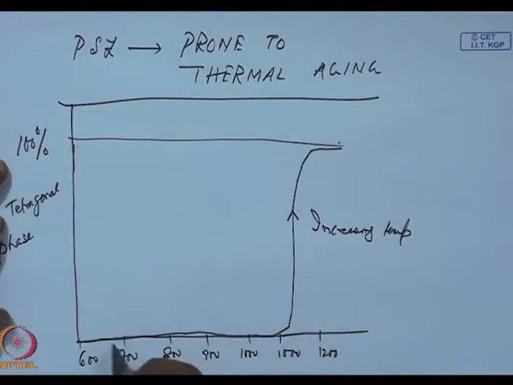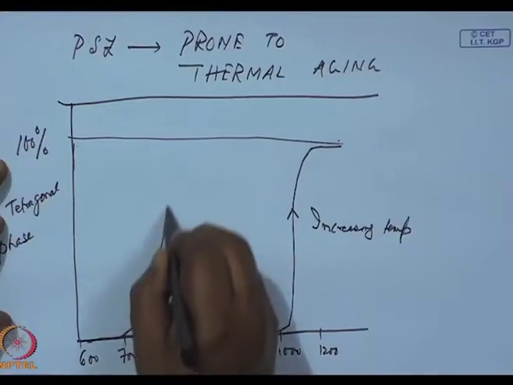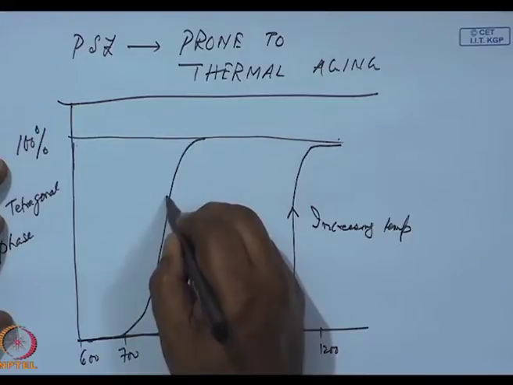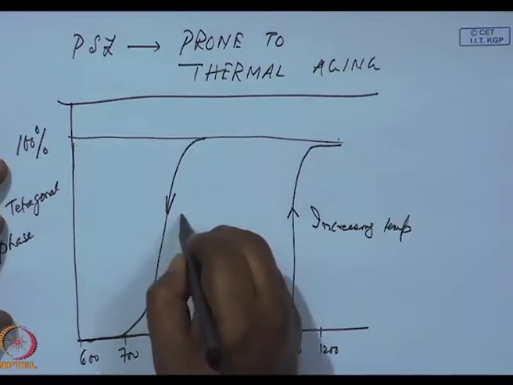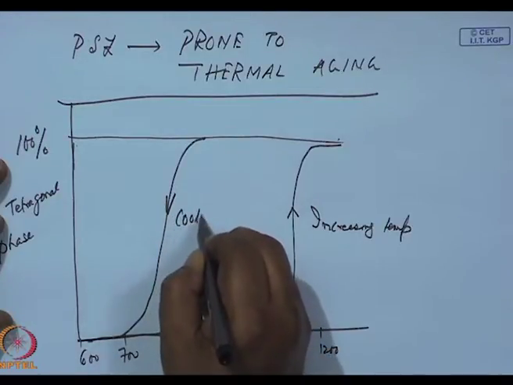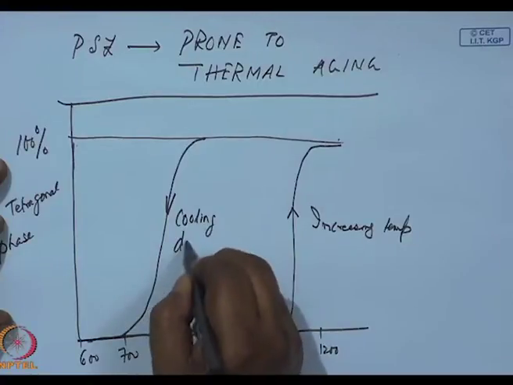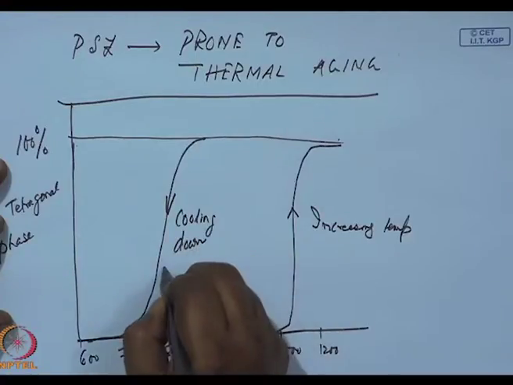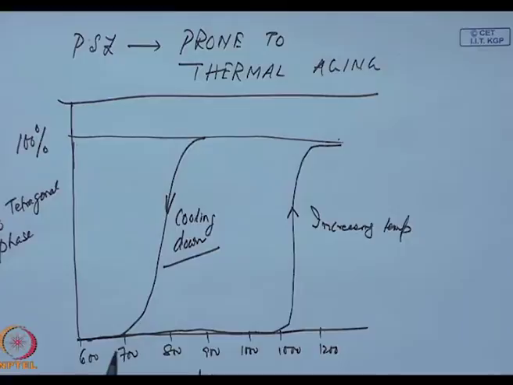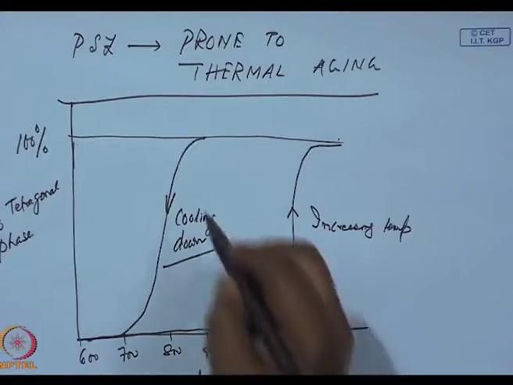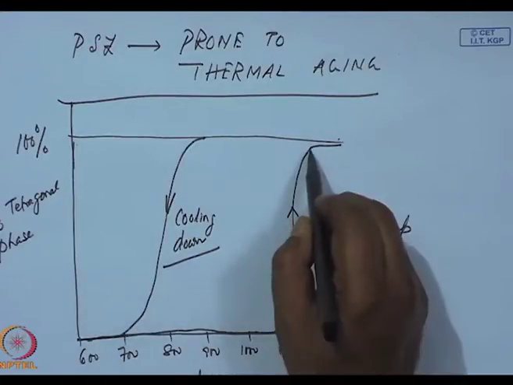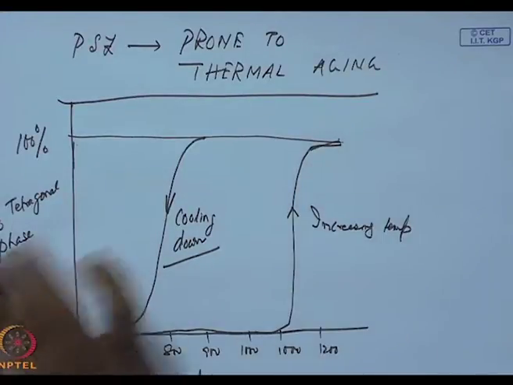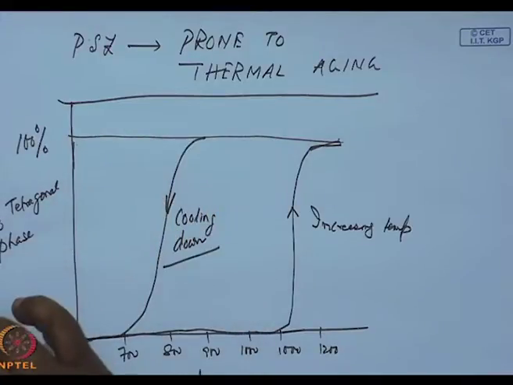When I am cooling it, I may jolly well see a situation where I see a hysteresis. That is, during the cooling curve, after heating it up to here, I have got tetragonal stabilized zirconia.